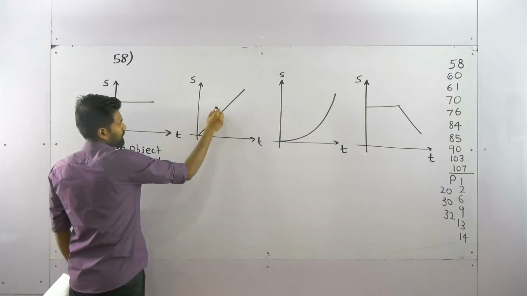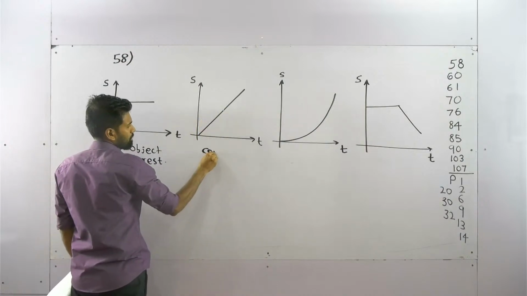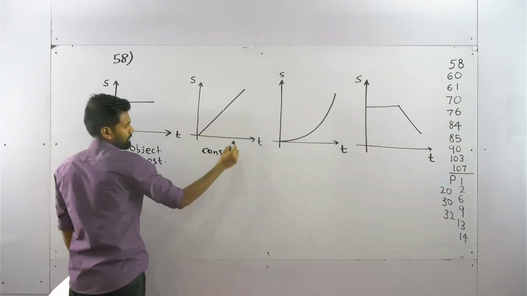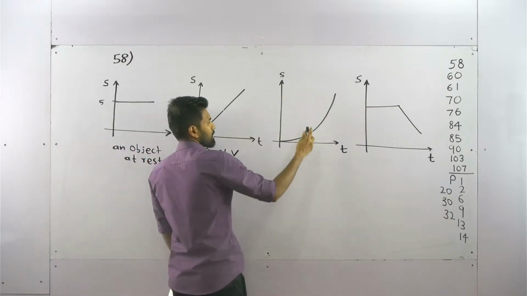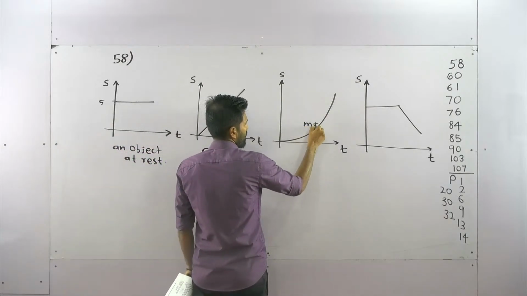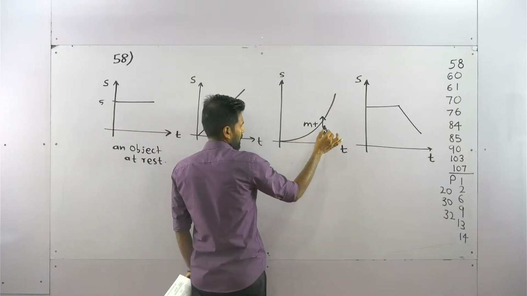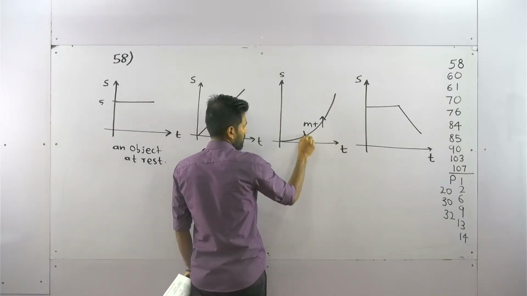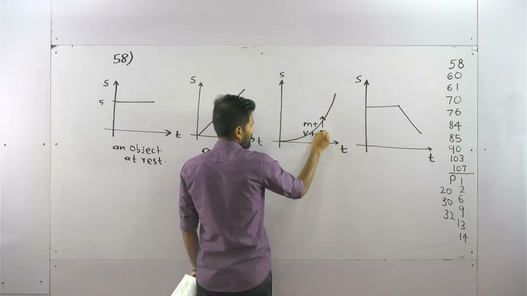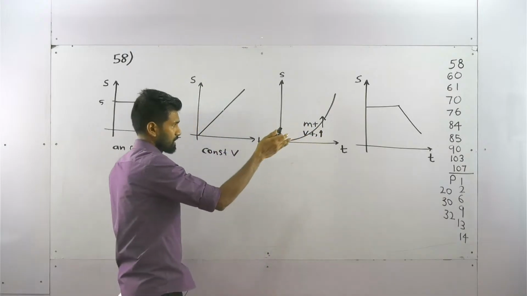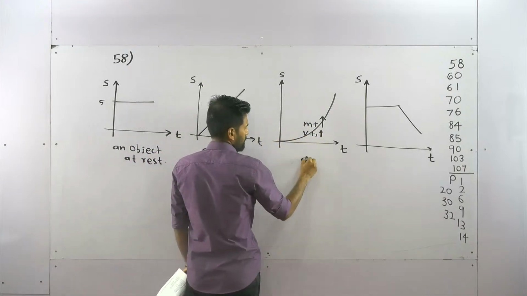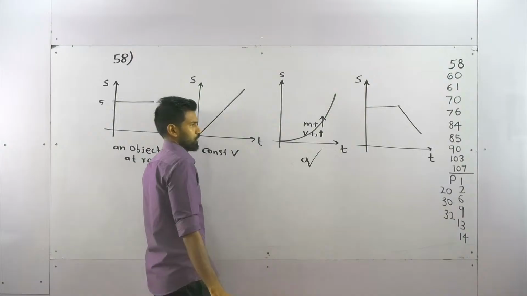So this is a constant gradient, so this is a constant velocity. Okay. Here the gradient is positive and it's increasing. In the displacement time curve, the gradient is the velocity. Velocity is positive and it's increasing. Positive velocity increasing, it's acceleration. This is the accelerated motion.